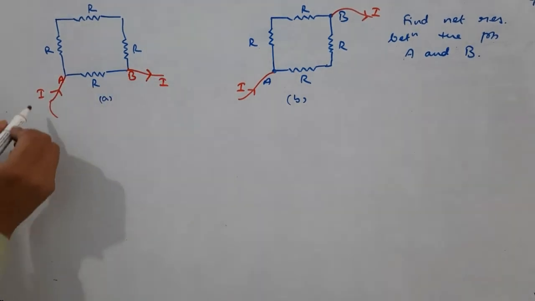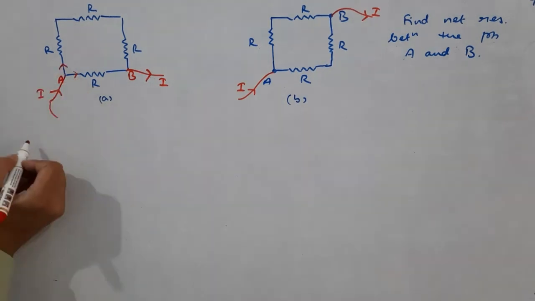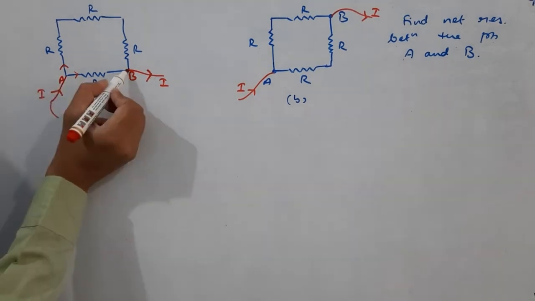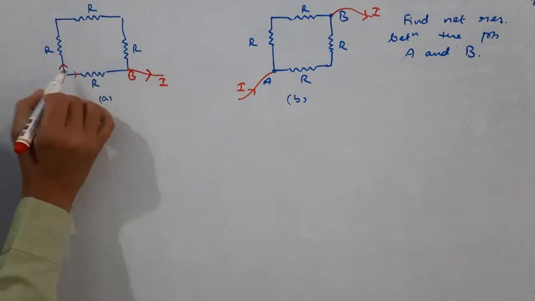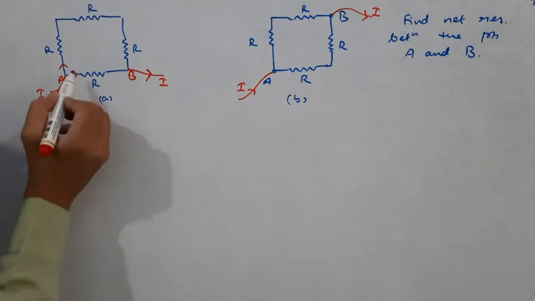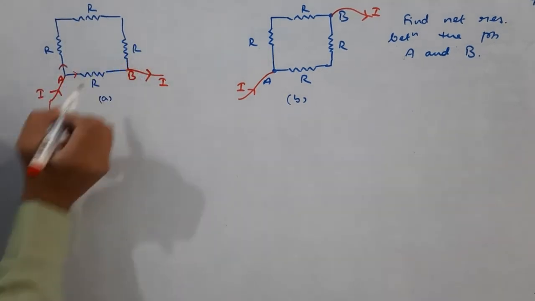Okay. Now think, for this current, it has 2 options to flow. Only 2 options. What is its target? Its target is to reach point B. Now if I ask you to go to B and these are the only 2 paths, there are 2 possibilities. Either you will go directly through this R, or you will follow this path where you will find 3 resistances.